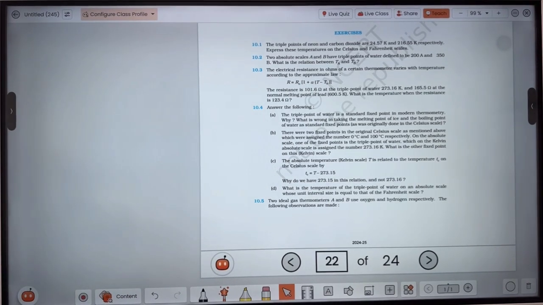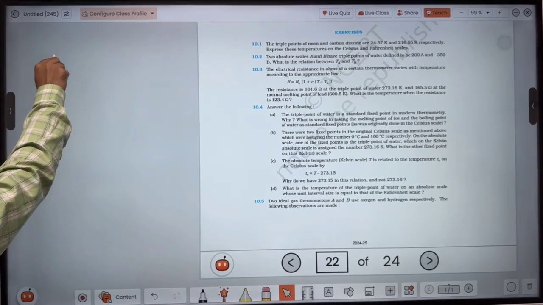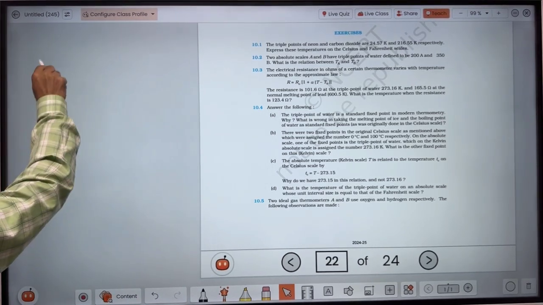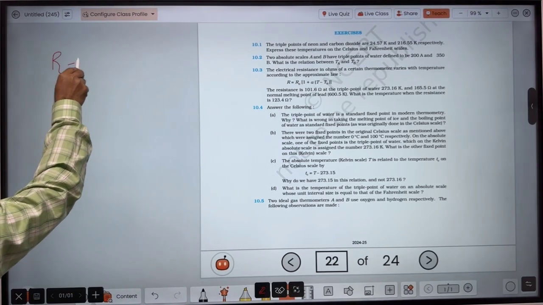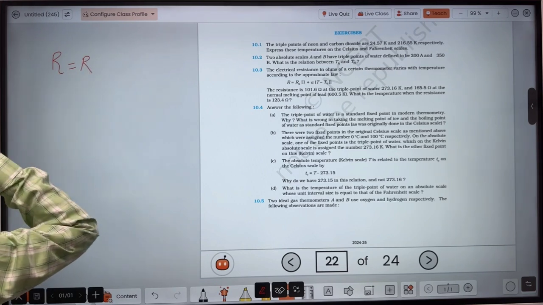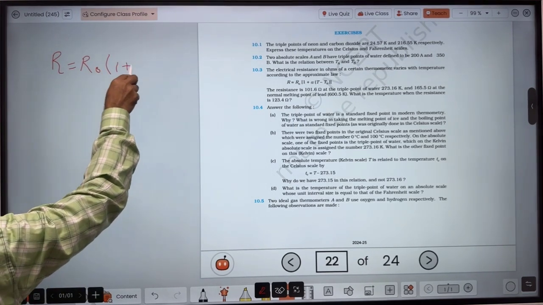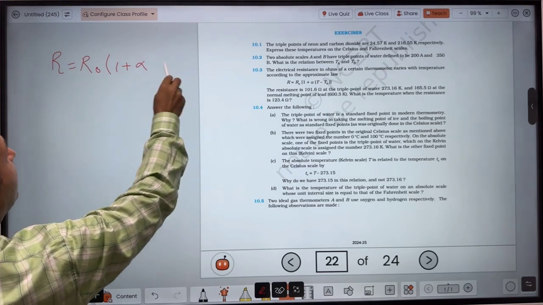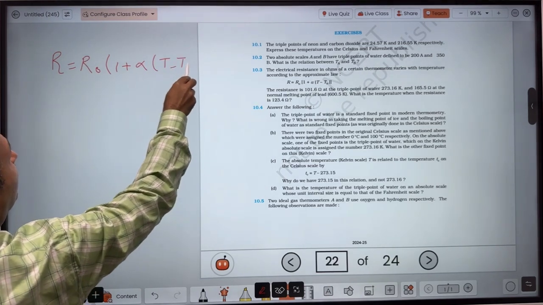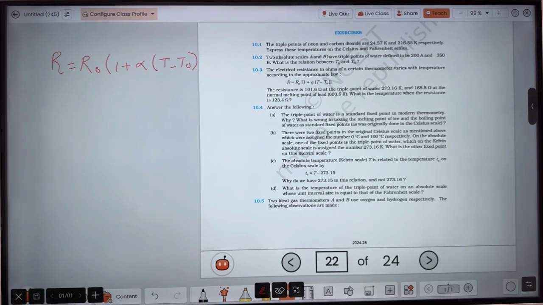Let's consider the next question. The next question says you are given an expression for resistance. So you know resistance R equal to R0 into 1 plus alpha into T minus T0. This is the basic relation.